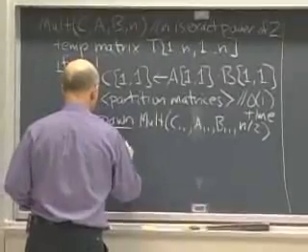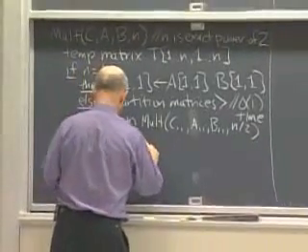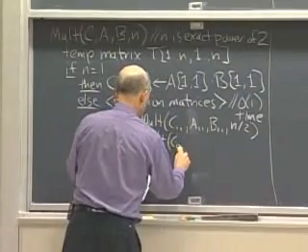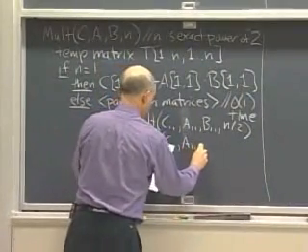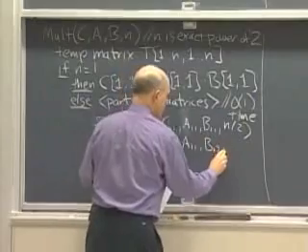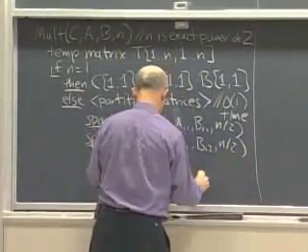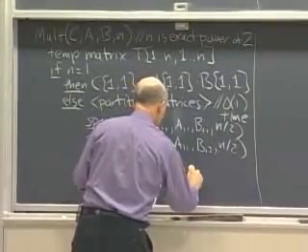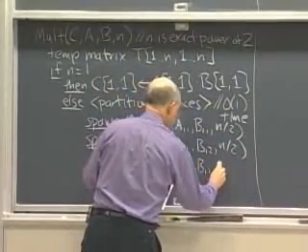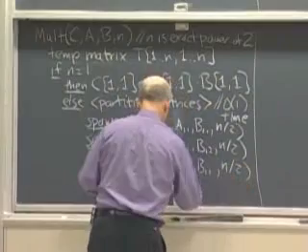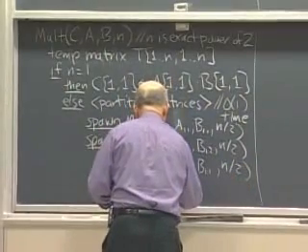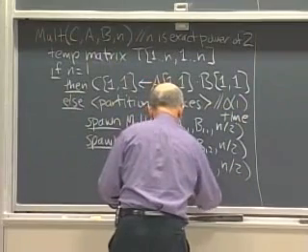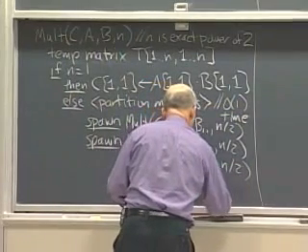And spawn, continues C21 gets A21, B11, and then C22 gets A21.